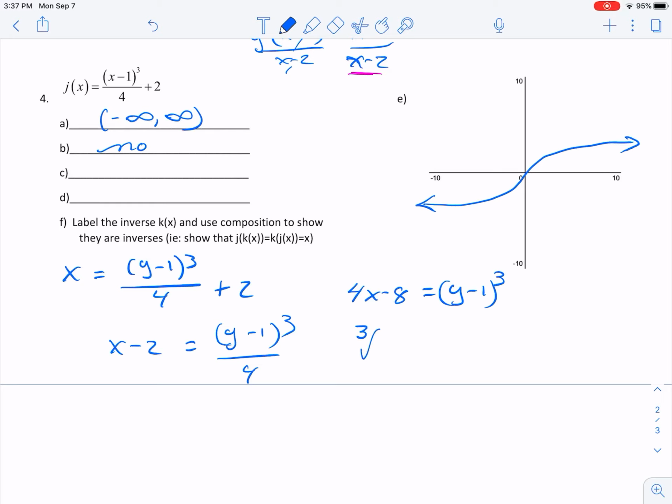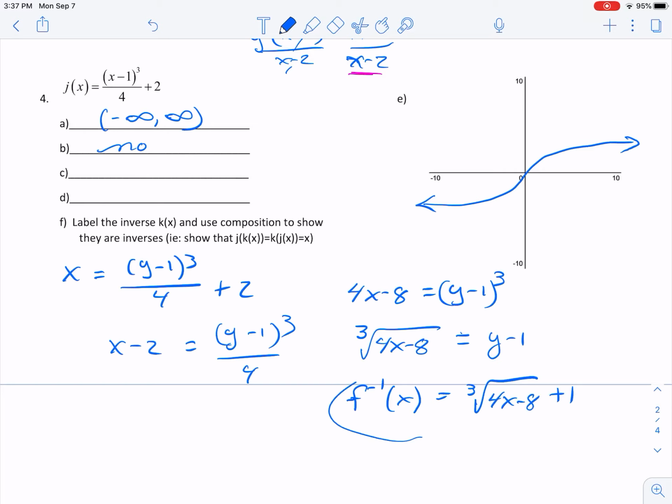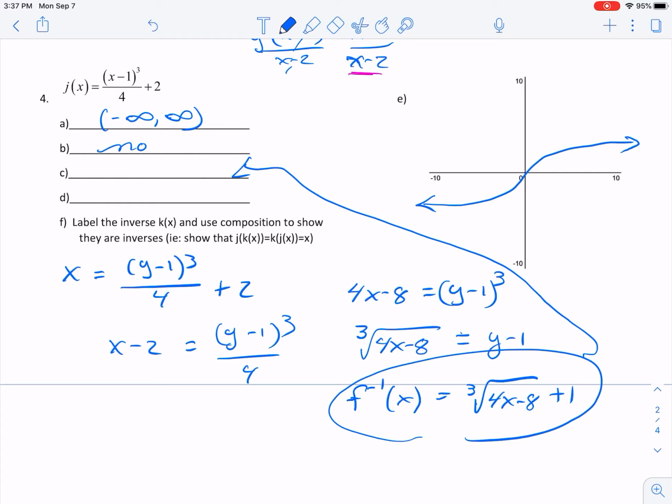Take the cube root of 4x minus 8 equals y minus 1, and then you add 1. So my inverse function becomes the cube root of 4x minus 8 plus 1. That goes up here, and its domain is going to be all reals.